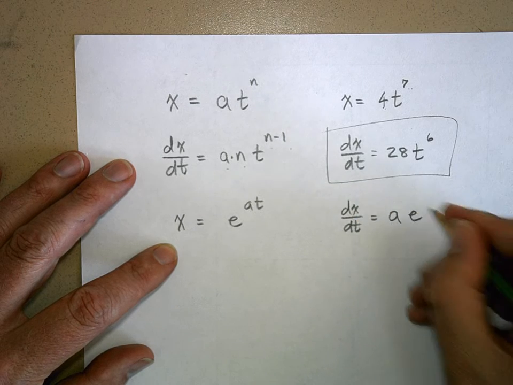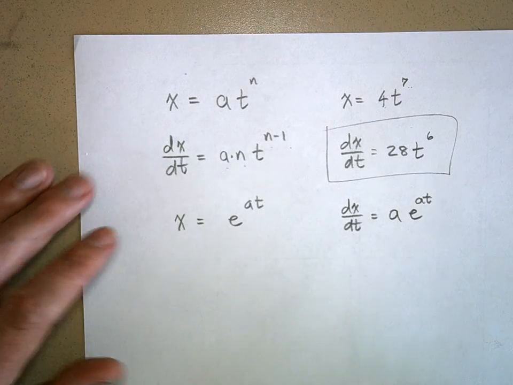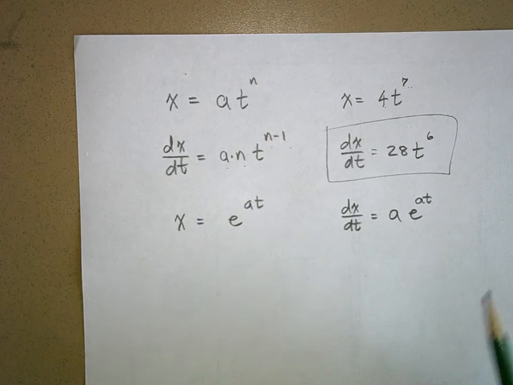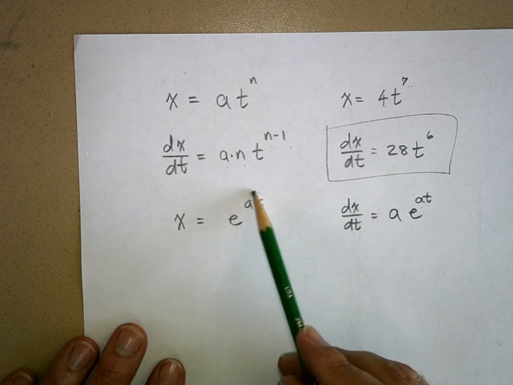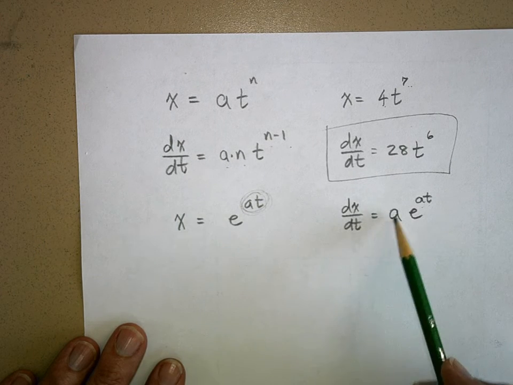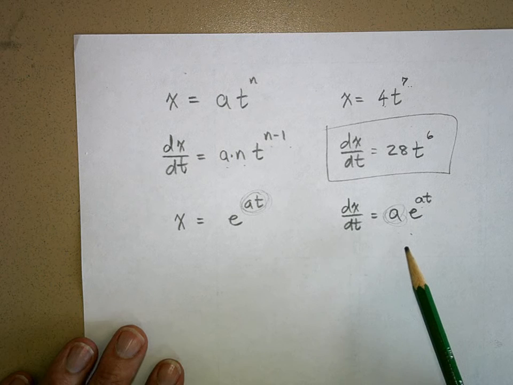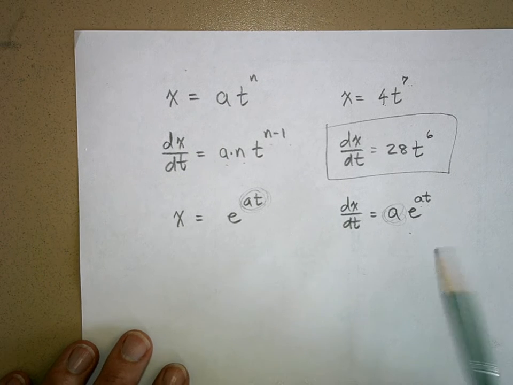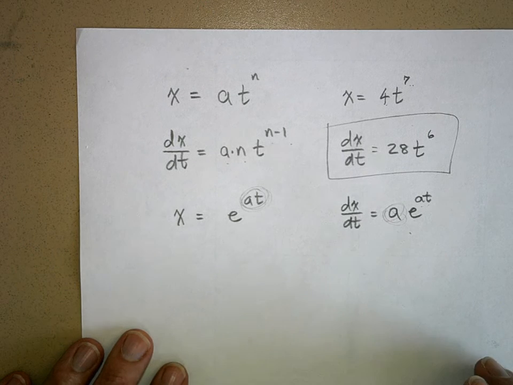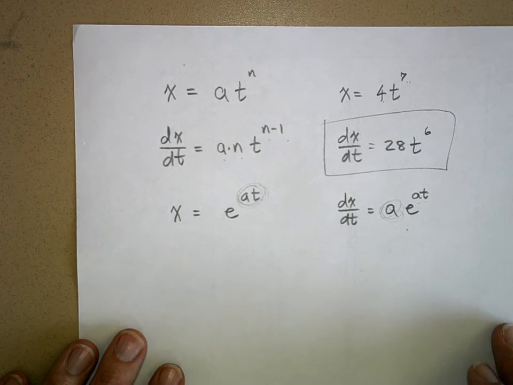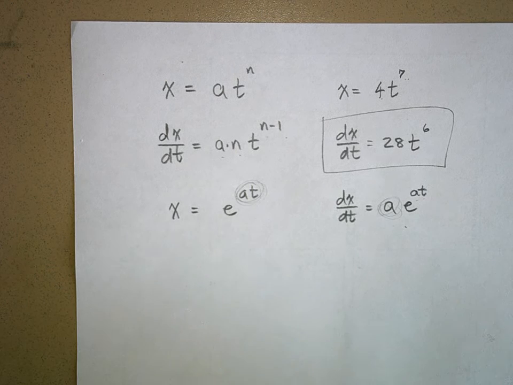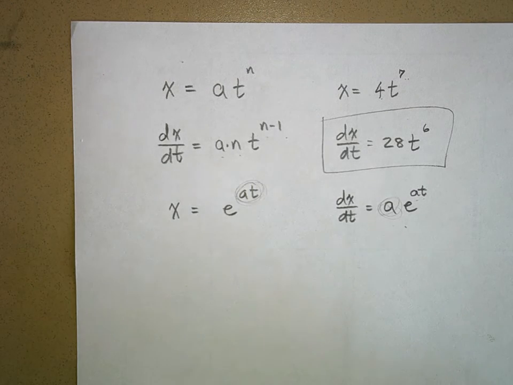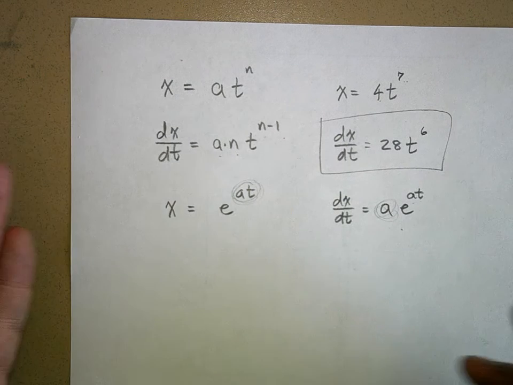The exponential function's derivative is itself. But then you have this constant, and those of you who've already taken calculus, where did this a come from? Chain rule. Sorry. You'll learn about the chain rule in your calculus classes if you haven't, but for right now, just plug and chug. Just follow the rules.